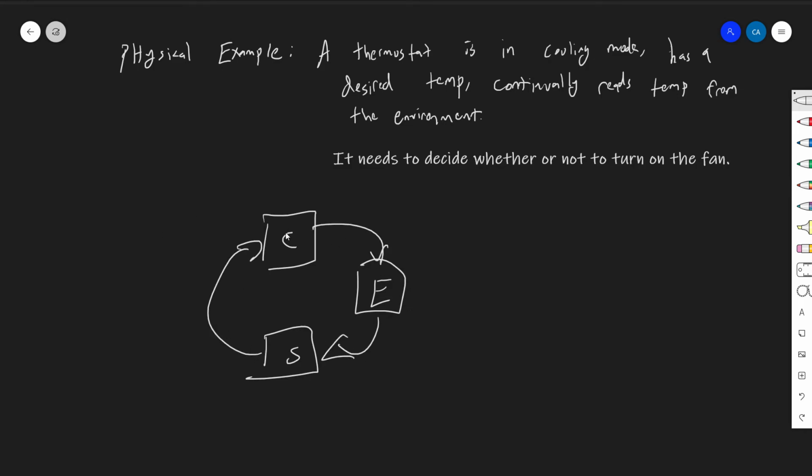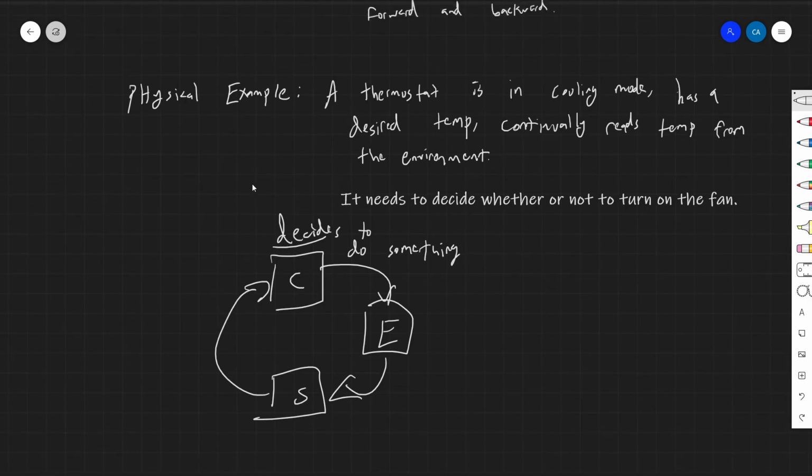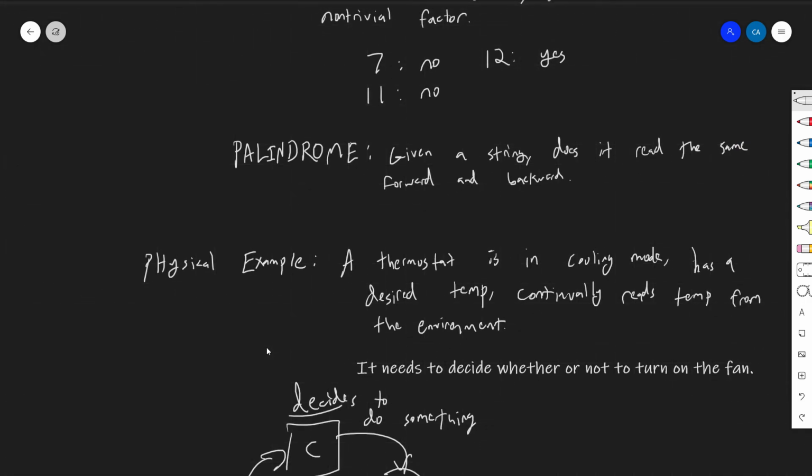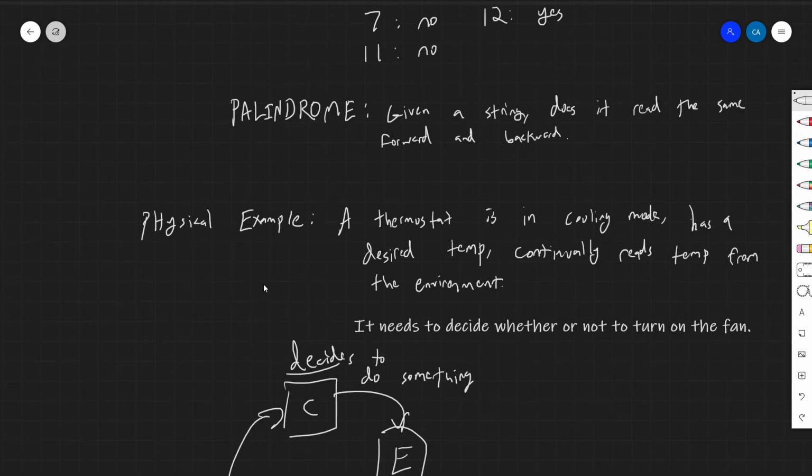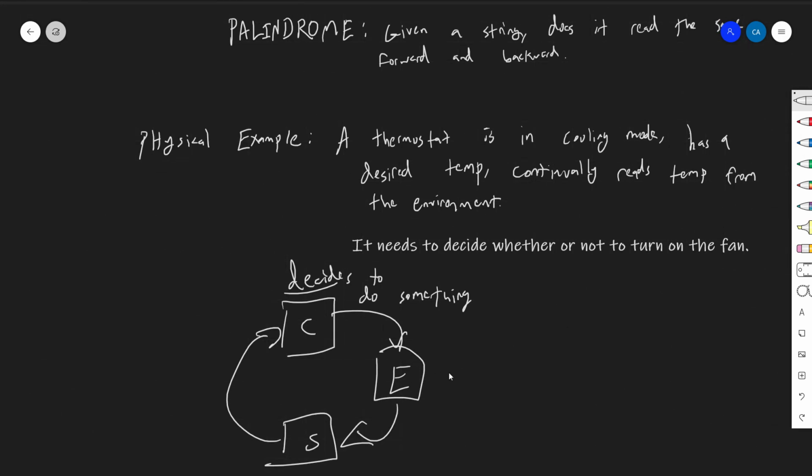The control reads from the environment, and it has to decide to do something. Now, it might make multiple decisions. It might have to ask many yes or no questions about whatever it's reading from the environment in order to come to a conclusion. So there might be multiple decision problems implicit to a computation, but nonetheless, it all breaks down to a set of decisions that need to be made.